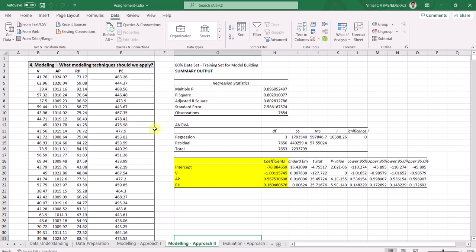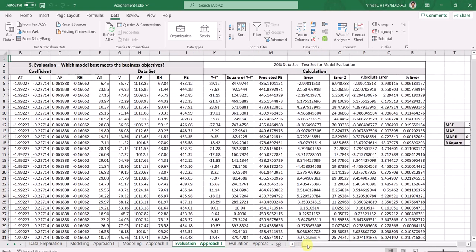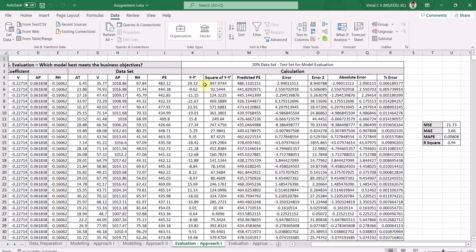Then, for the evaluation of the first approach, you can see lots of data here. These are all the calculations which I did internally with the help of formulas for the MSE, MAE, MAPE and R square. Finally, we are getting R square as 0.94.